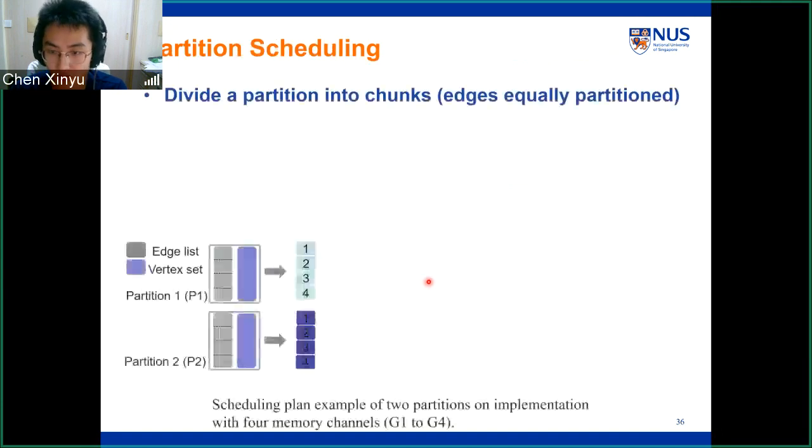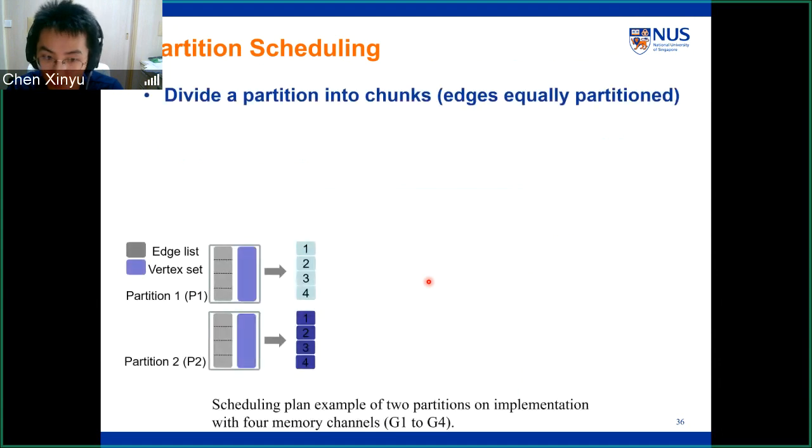Because we have multiple memory channels, for each channel we have a kernel group. Since we have multiple kernel groups, in order to fully utilize them, we first divide a partition into chunks with edges equally divided.